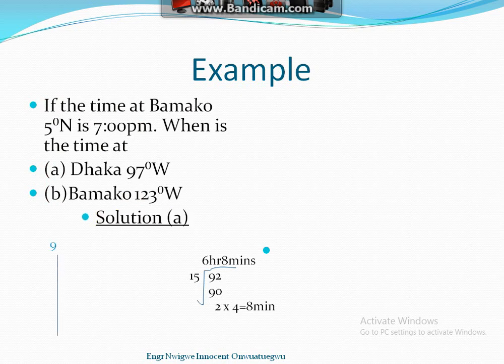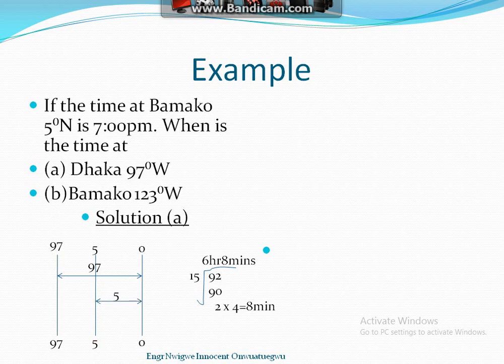From the prime meridian 0 degrees to Dakar 97 degrees west, we have a distance of 97 degrees. From 0 degrees to the original place in Bamako is 5 degrees north.